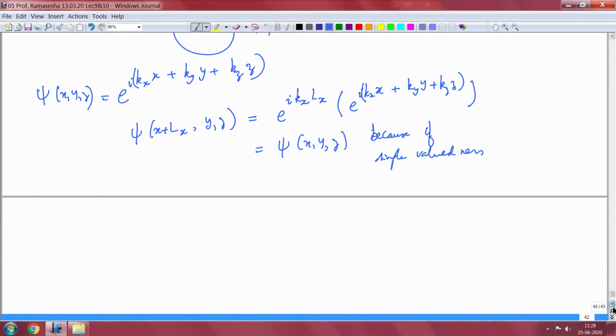So what it implies is that I must have kx Lx equal to 2 pi times an integer nx, let us say nx is an integer.